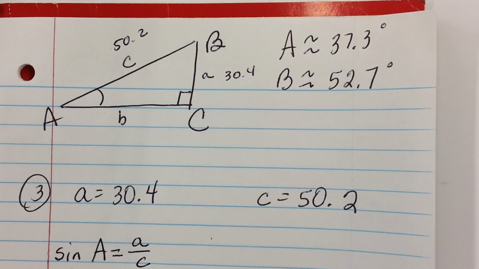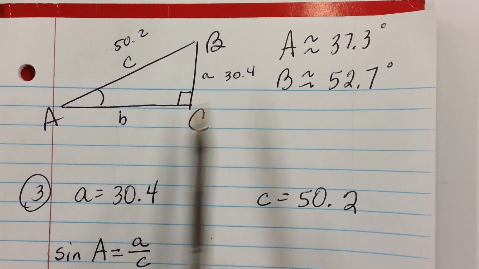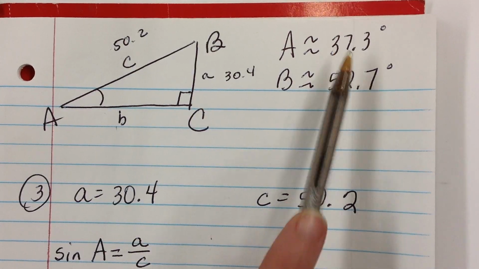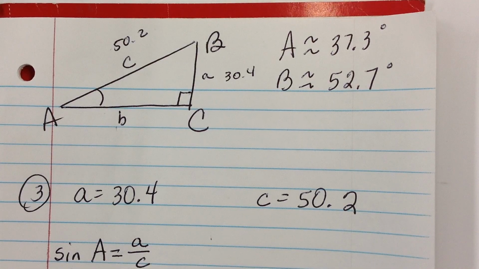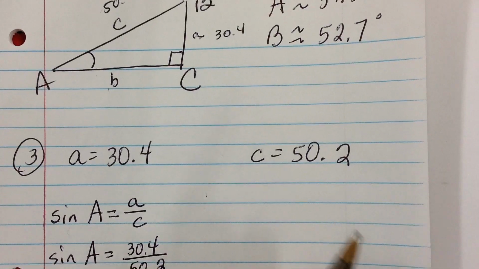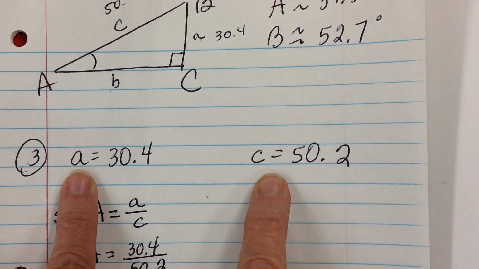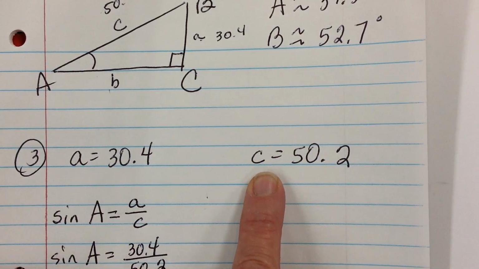Okay? So now our question is, how are we going to find B? Well, without using angle A or angle B, I can't use a trig function. So now I do have, from the given of the problem, side A is 30.4 and side C is 50.2.